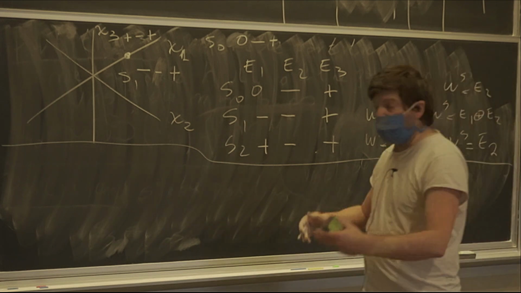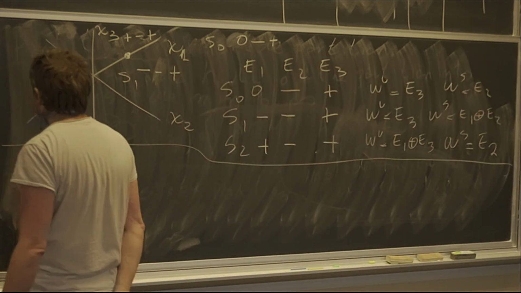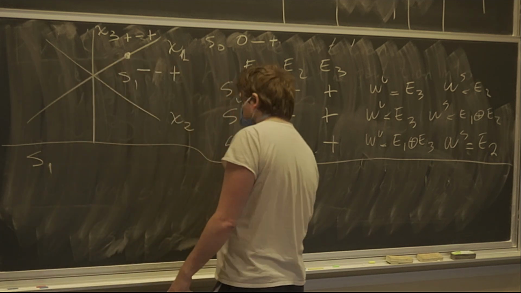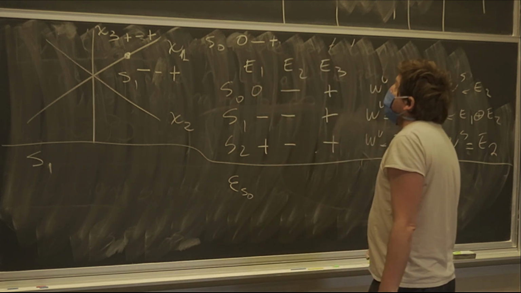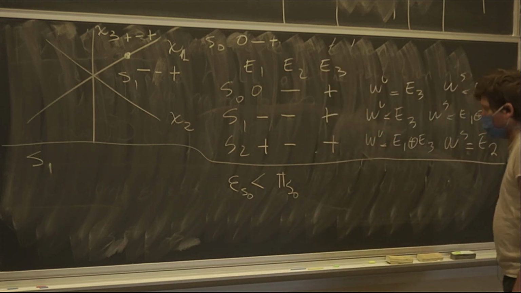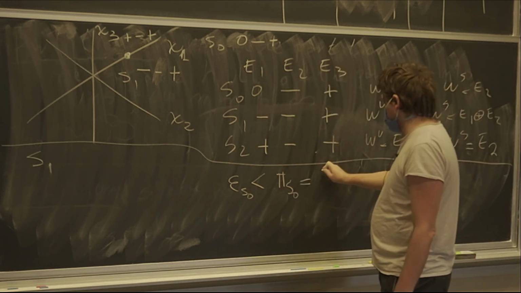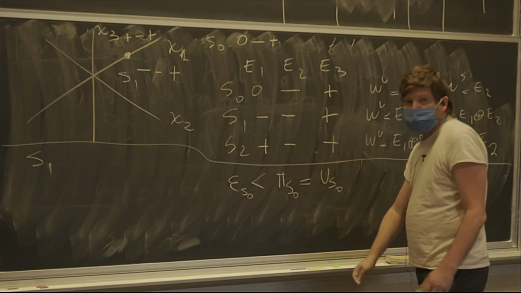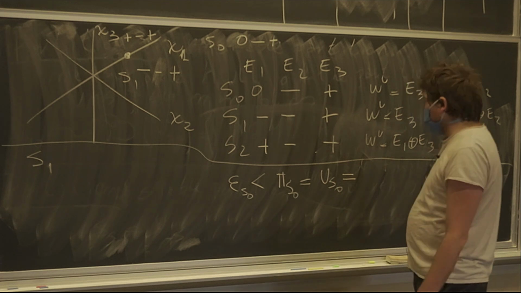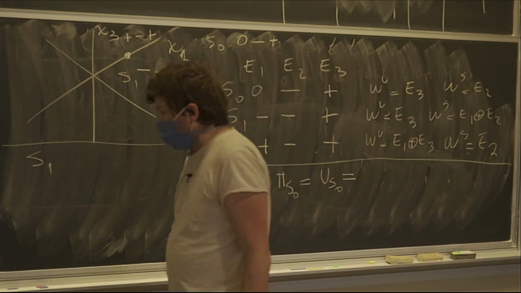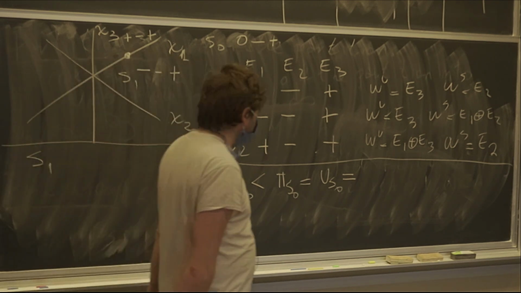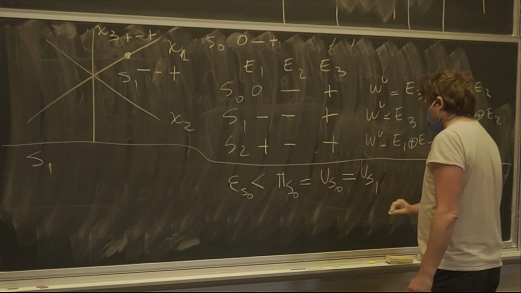Okay, now I take S1. And I start writing. I have epsilon of S0 is smaller than pi of S0. This is the unstable for S0. Now, this is the same as, and now I come here, the unstable for S0 is the same as the unstable for S1.